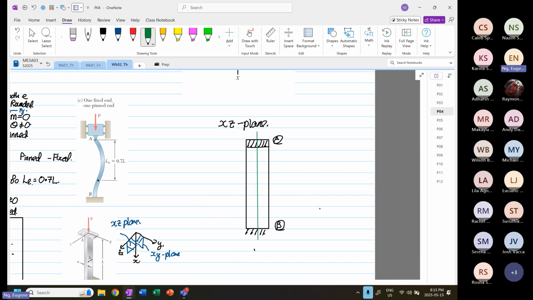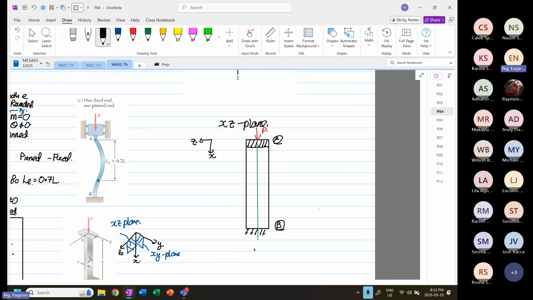And then we have a load over here, P. So I'm going to again sketch our transformation. This is our X, and this is our Z.